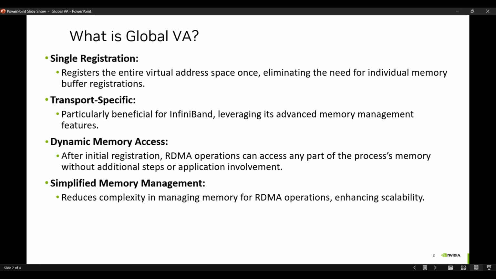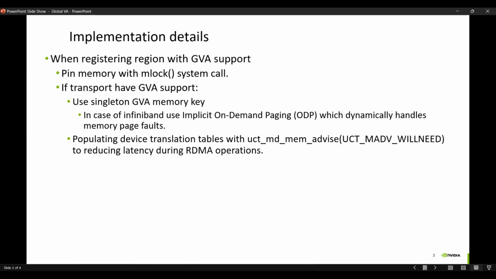Currently, we implemented it only for IB, where we used implicit ODP with some additions to improve implicit ODP. In the past, we already tried to implement implicit ODP and experienced certain performance degradation, because it was handling memory access by updating the internal device memory translation table on demand.